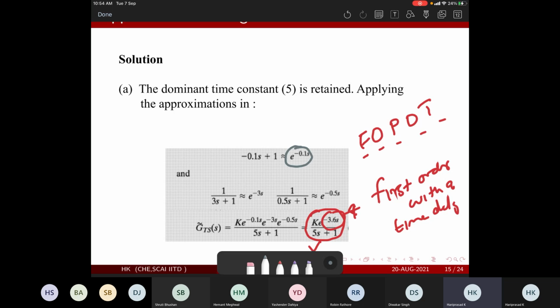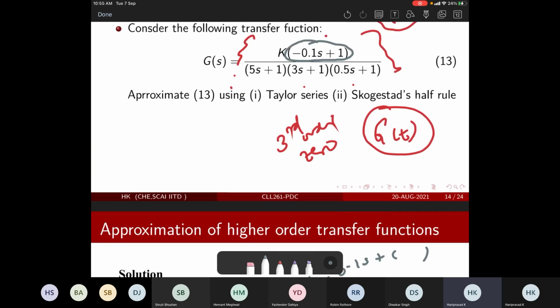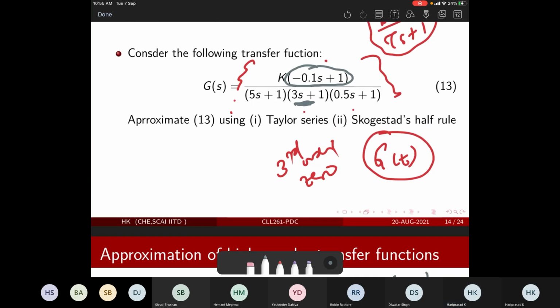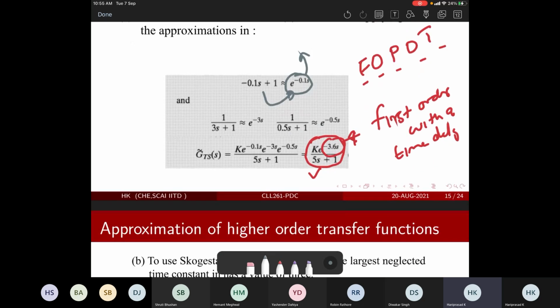This is something that we have learned, because of the way it expands, 1 minus 0.1s plus higher order terms. So you do the reverse and convert it into an exponential term. Now there are three more terms: 0.3s, 3s, and 0.5s.